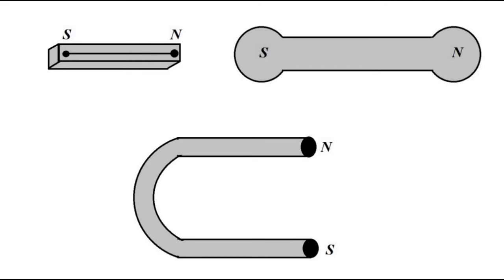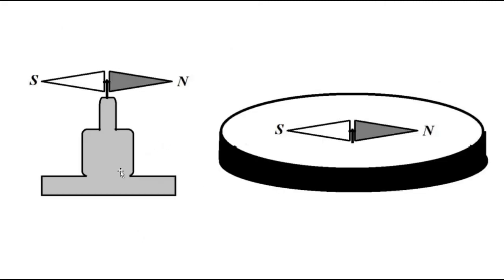Then we have needle type permanent magnets, which consist of a circular disc or platform with a pivot on which a magnetic needle with south and north ends is suspended. It is mostly used in the design of a compass.